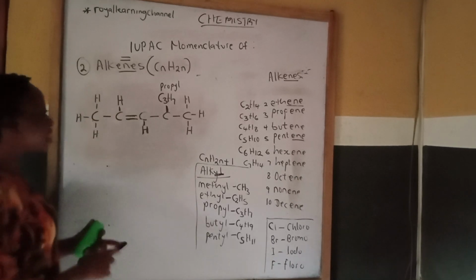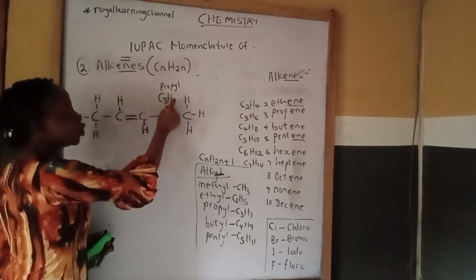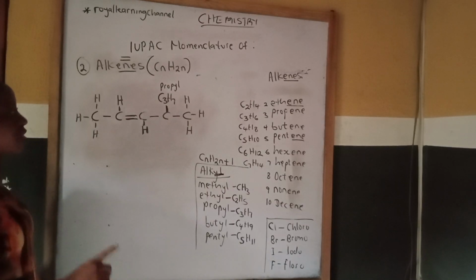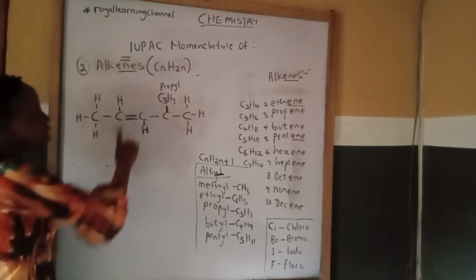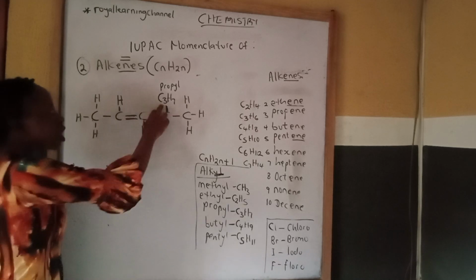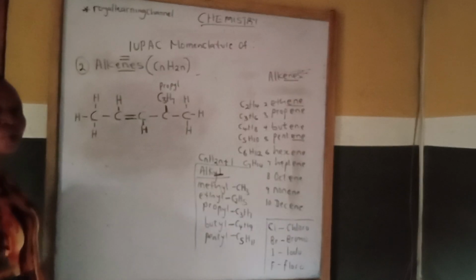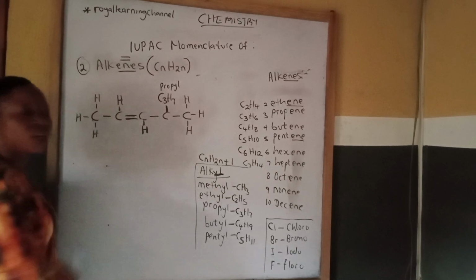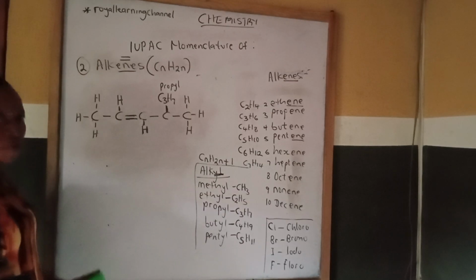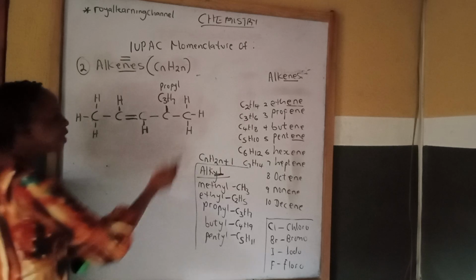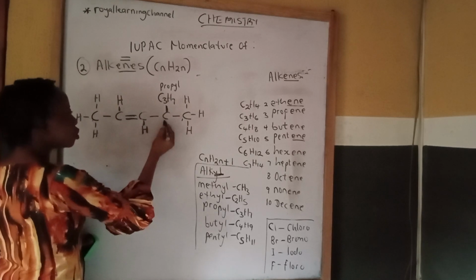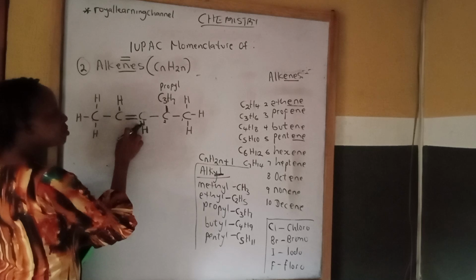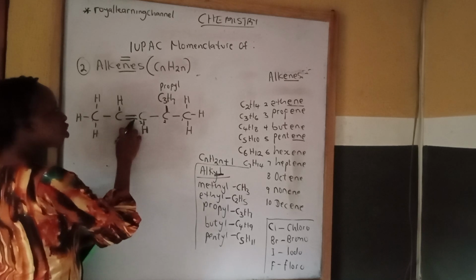Now, what you will consider here is your double bond. You don't consider your substituent. If you want to name, you consider your double bond. So you name from the end which will give the lowest number to this double bond, which is your functional group. If I name from this side, 1, 2, 3, my double bond is on the third carbon atom.